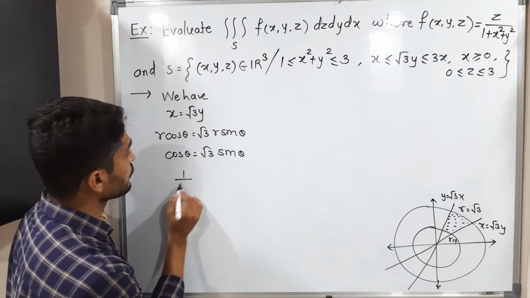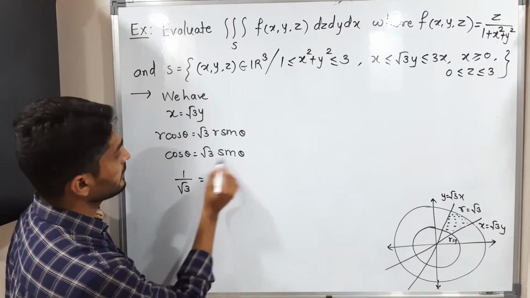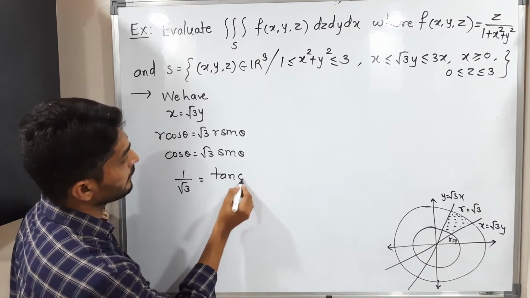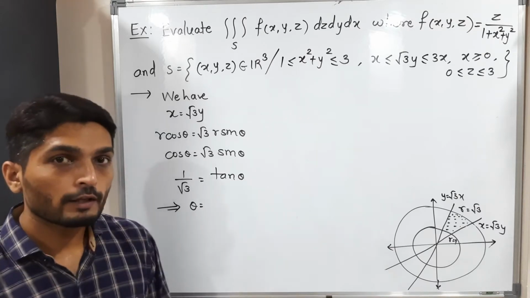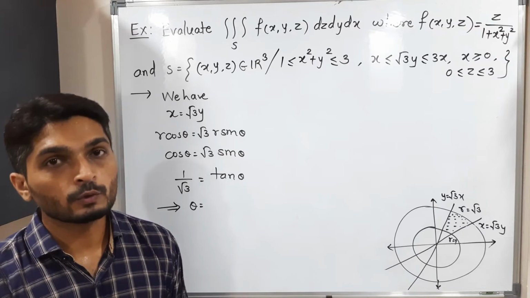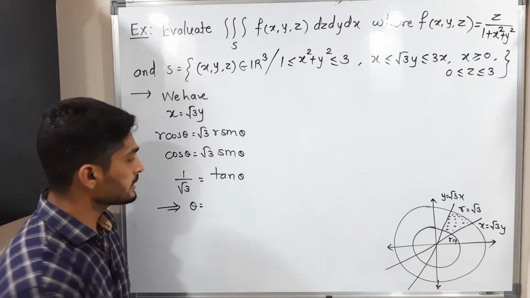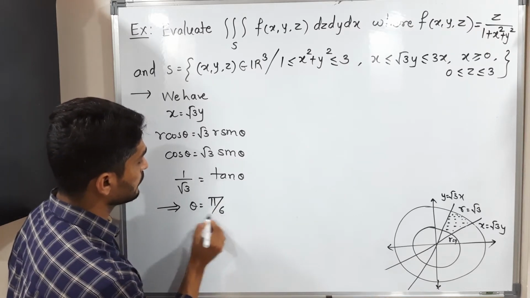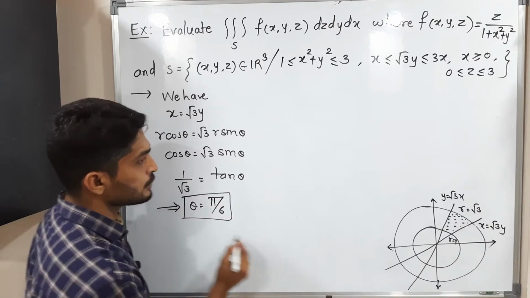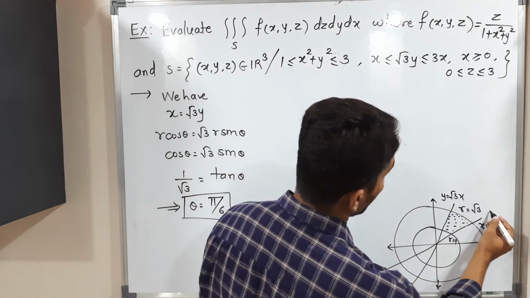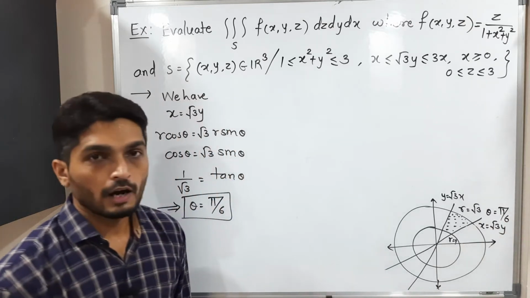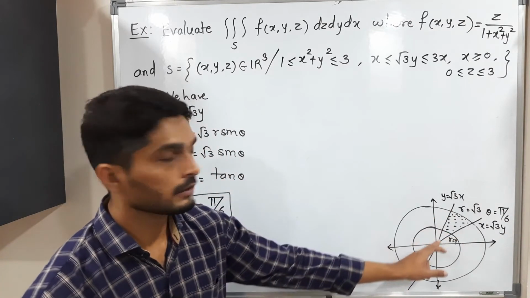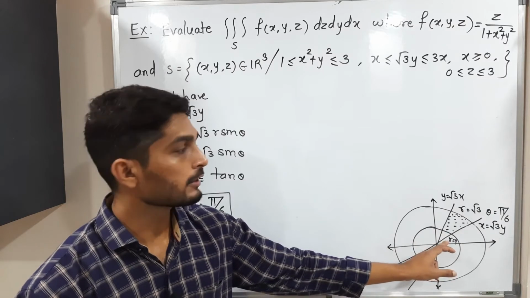So 1 upon root 3 is sin theta upon cos theta, which is tan theta. So can you guess the value of theta? At what value of theta do we have tan theta equal to 1 by root 3? It is pi by 6. Okay. So equation of this line x is equal to root 3 y is theta is equal to pi by 6.